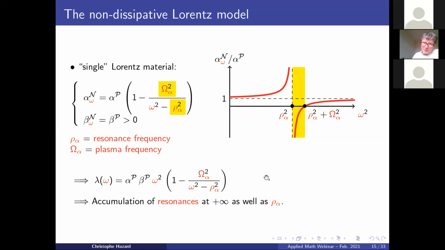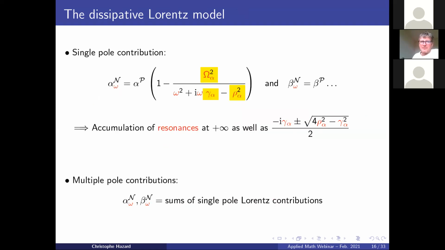I also have a similar model for the dissipative Lorentz model, where the denominator has to be replaced by this formula here, where I have a damping coefficient gamma alpha. In that case, I will again obtain an accumulation of resonances near the pole of this function here.